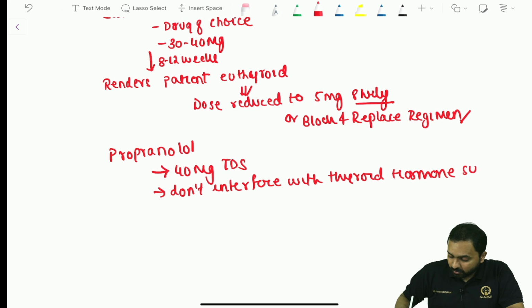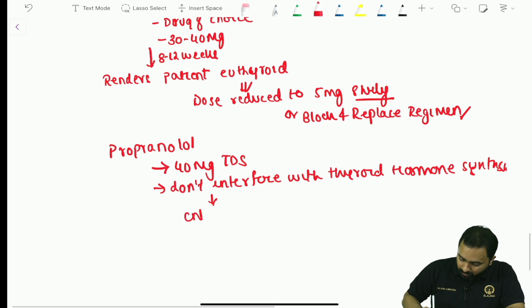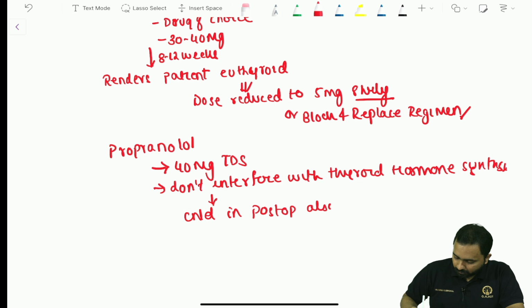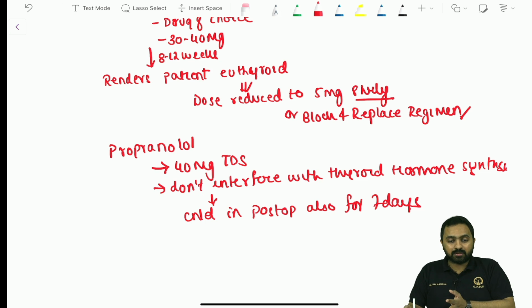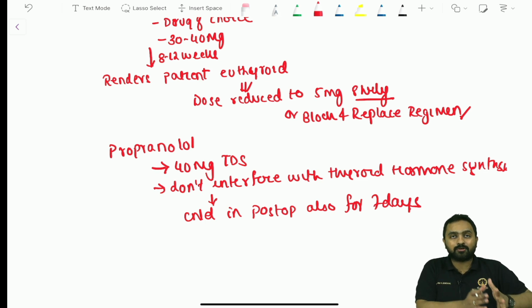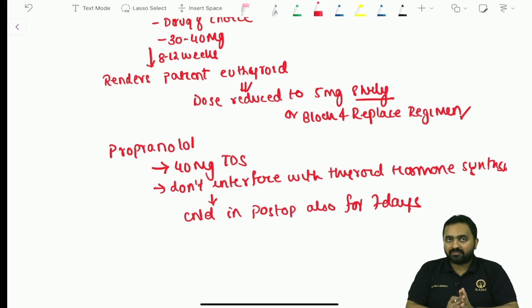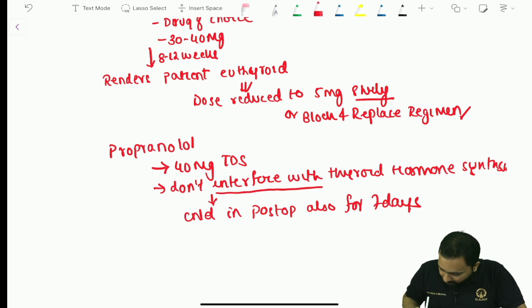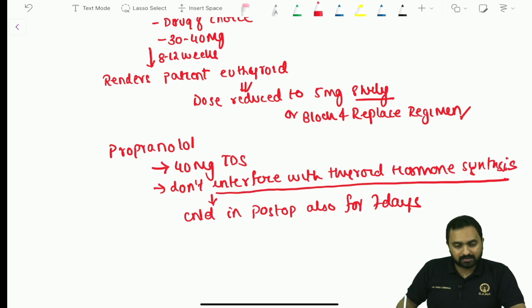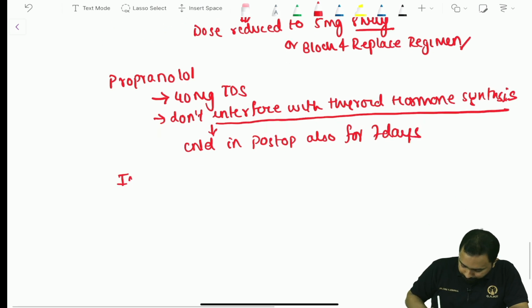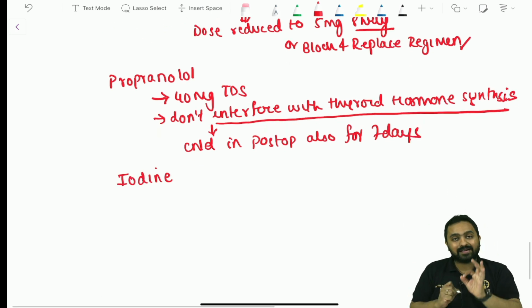As a result, it can be continued in the post-op period also for around 7 days. A question they usually frame from here is: propranolol, which is used in preoperative preparation, needs to be stopped immediately in the post-op. No, my friends, it can be continued in the post-op period because it does not interfere with thyroid hormone synthesis. Right.